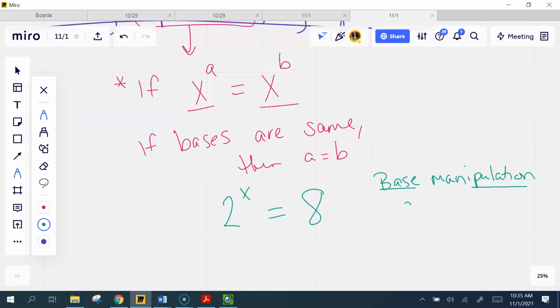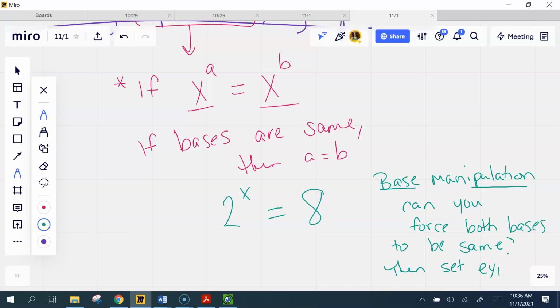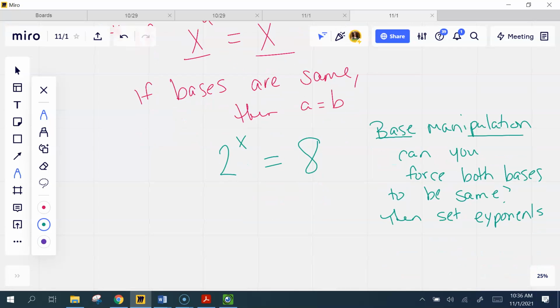Which basically means, can you force both bases to be the same? Because if you can, then you set the exponents equal. We don't have to have their consent.